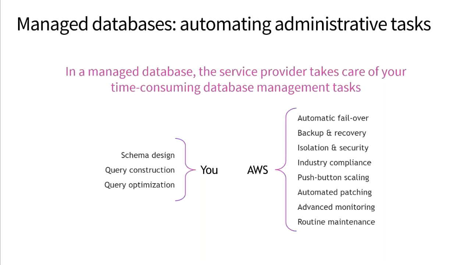So increasingly, we see that people are moving to this managed mode where the service simply takes care of all the activities that you see on the right side. It just frees up time to do the real high value work. So let's talk about how Amazon RDS does some of those tasks for you.